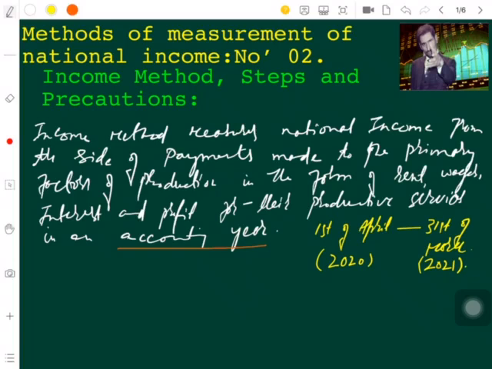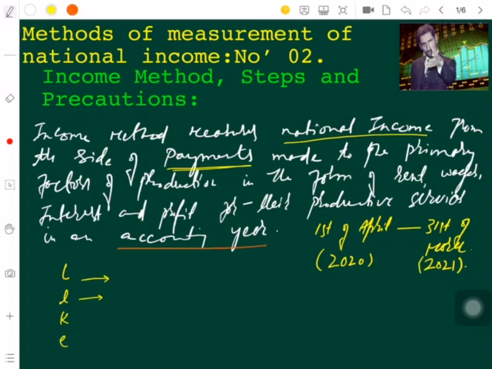Coming back to the definition, in the income method national income is measured from the side of payments made. These payments are made to the factors of production: land, labor, capital, and entrepreneur.